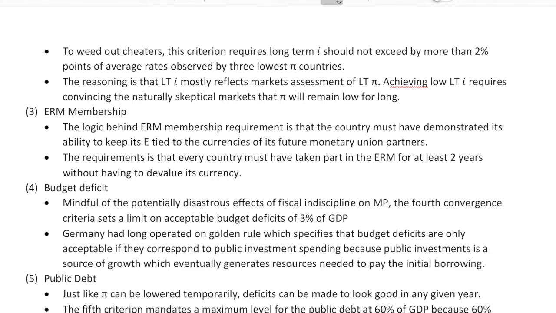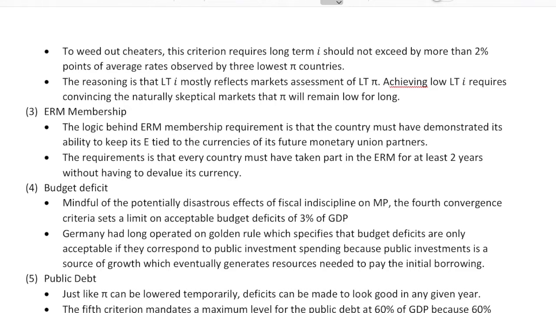I also think that this is sort of a smart way of getting rid of many Eastern European countries who were not a part of ERM. Because remember, the euro was adopted in 1999, and Eastern European countries became a part of the European Union only in 2005.